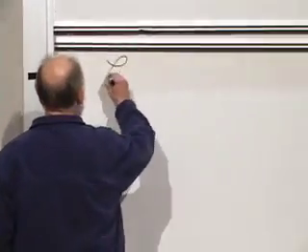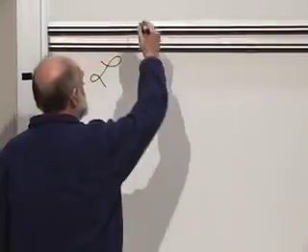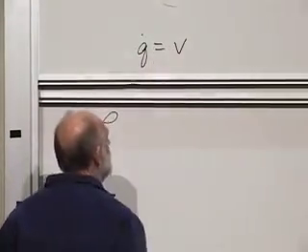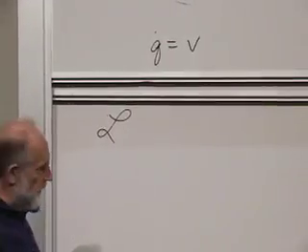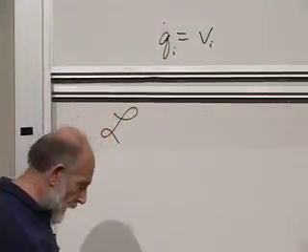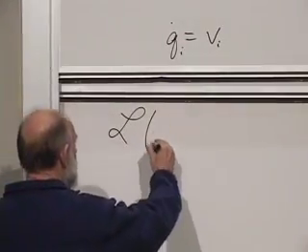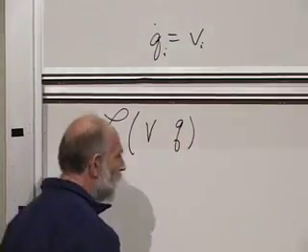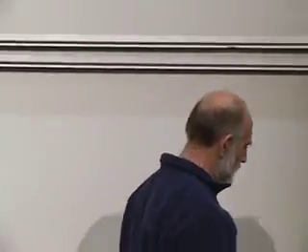The Lagrangian is a function of what? It's a function of the q dots. But let's call the q dots v's, velocities, generalized velocities, v sub I. Q sub I dot is by definition v sub I. So then the Lagrangian is a function of the v's and the q's. Don't confuse q's with p's.